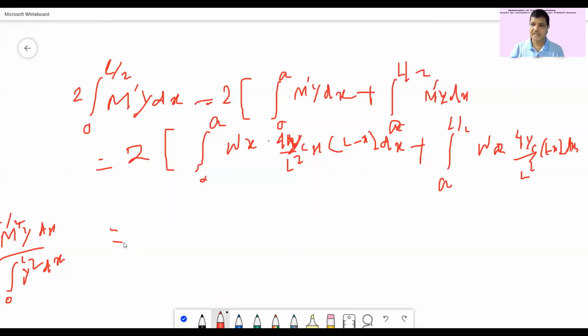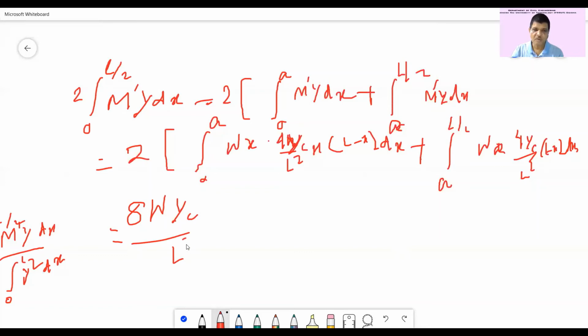If we go step by step, you can find the values. Here we multiply W into 4 yc by L square, and here also W into 4 yc by L square, so that can be taken outside. Taking 4W yc by L square outside, multiplied by 2, it will be 8 W yc by L square.